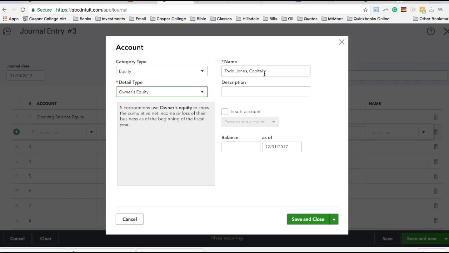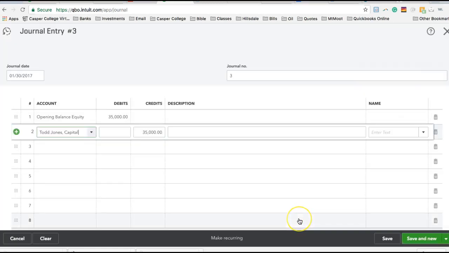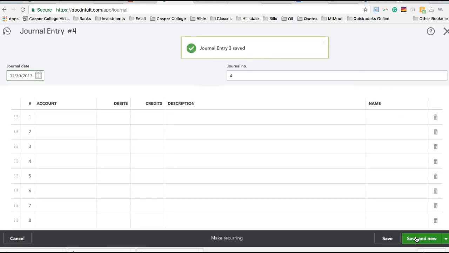We're just making that capital account. We're going to save and close it, and we're going to transfer that $35,000 into that capital account in this case. Okay, there you go.